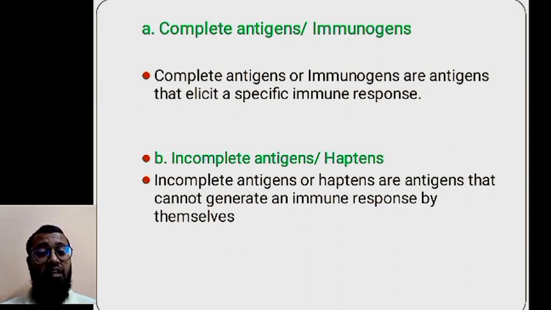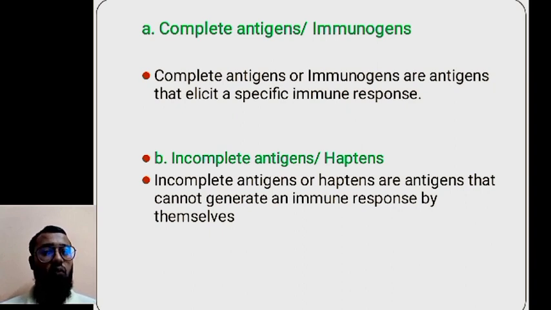But these haptens can be made immunogenic, a complete antigen, by a carrier, and this carrier helps the haptens become a complete antigen by increasing their size. And when the size is increased, they become an antigen or immunogen. These haptens can be of different types, of different sizes, but because of their low size they are haptens.